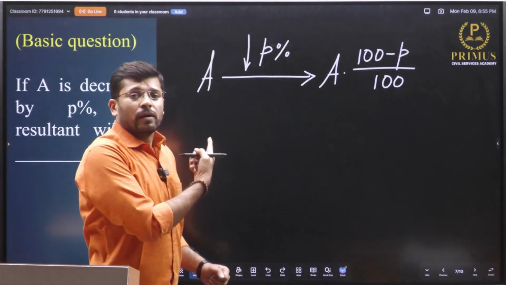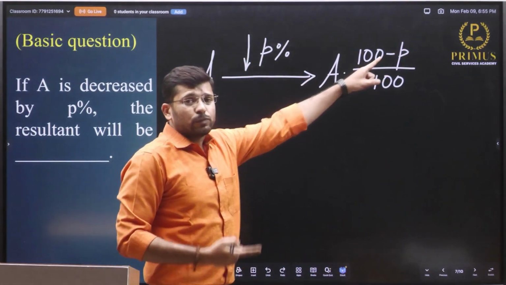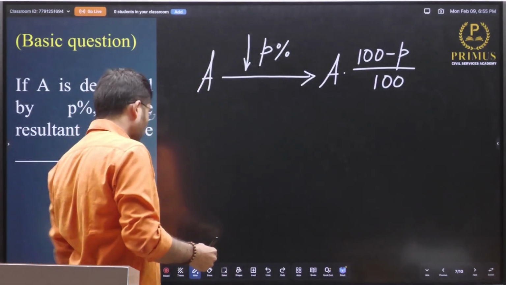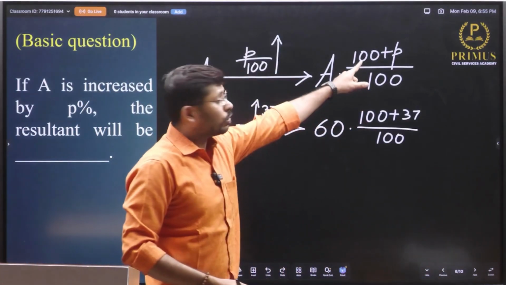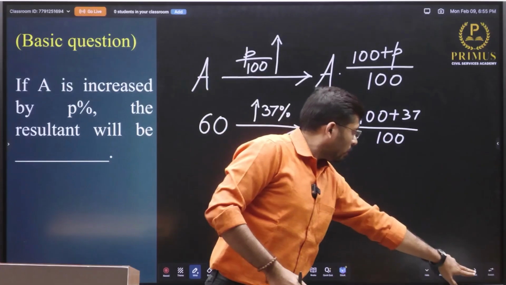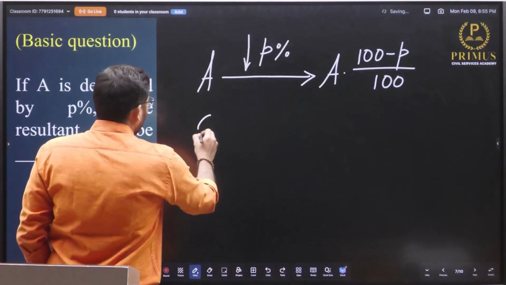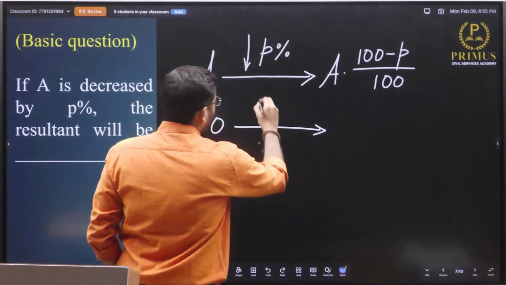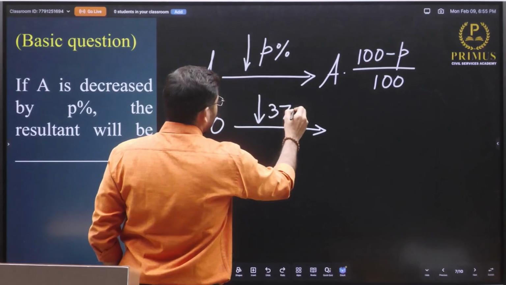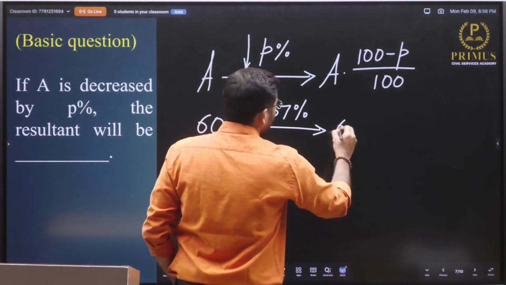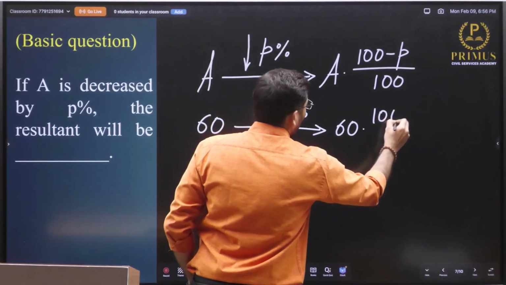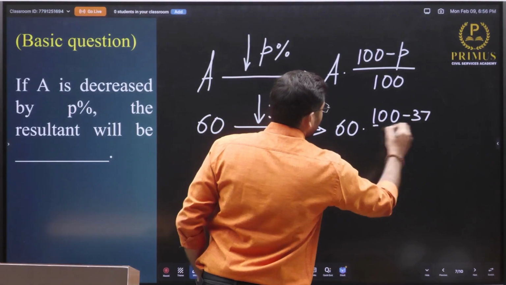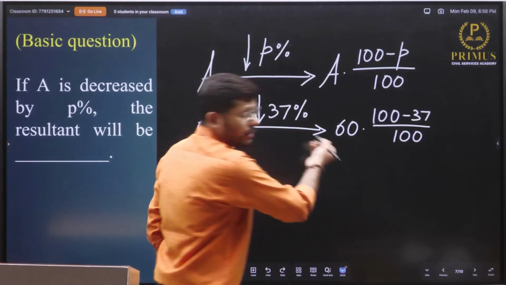Since this is decrease, it will be minus p. And in case of increase, it was plus p. Again, if you want to take an example, if you decrease the number 60 by 37%, the number will be 60 multiplied by (100 minus 37) divided by 100.